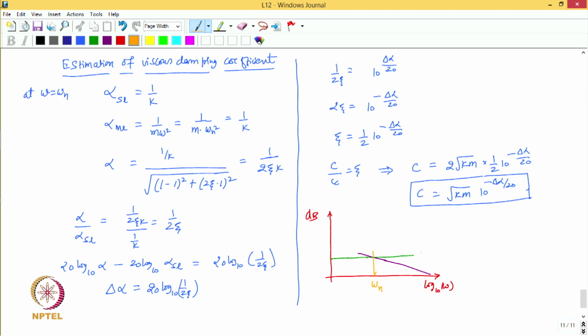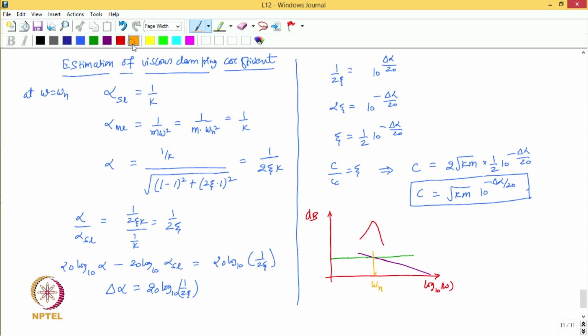So, what we do is determine first of all the magnitude of the FRF at this frequency, and let me overlay on this the FRF. It is going to be like this.